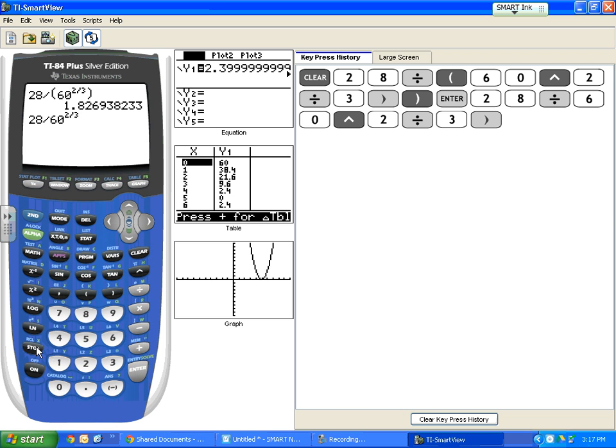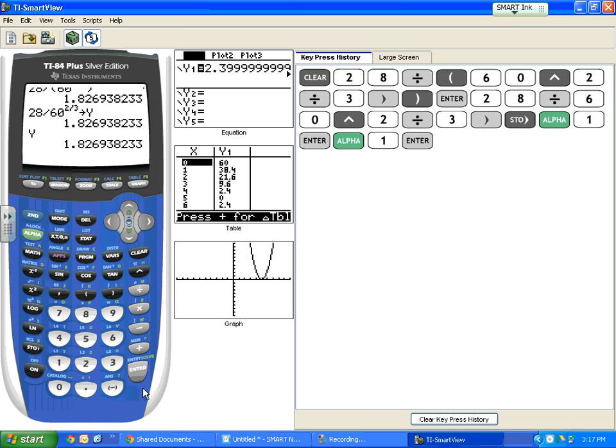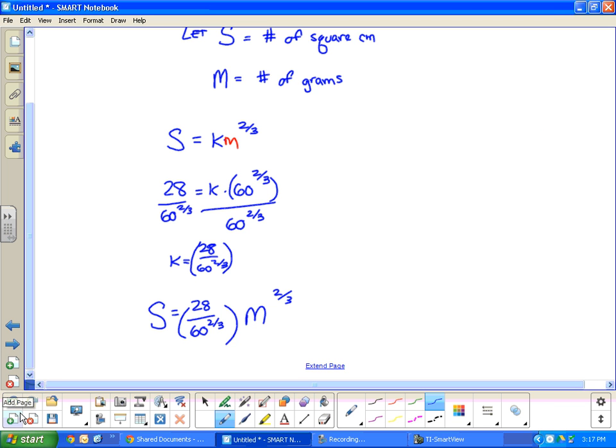What I'm going to hit is this STO button, and I'm going to store it to Y: hit alpha, hit Y, hit 1, hit enter. So now every time that I hit alpha Y, that number comes up. So if I need to plug that into my calculator, I don't have to type in 28 over 60 to the 2/3 every time. I can just plug in Y, and that'll be a nice little way to do it.